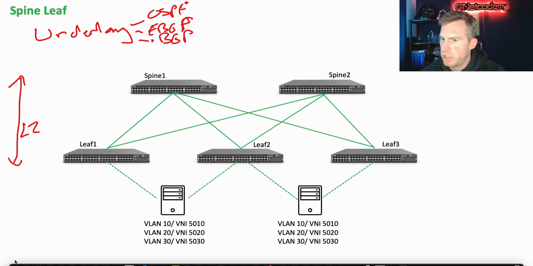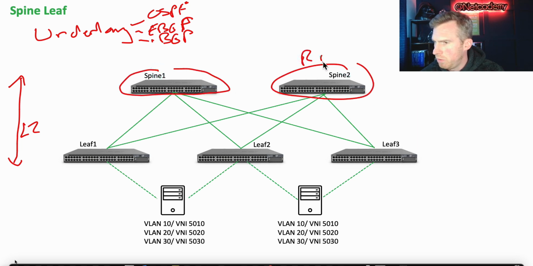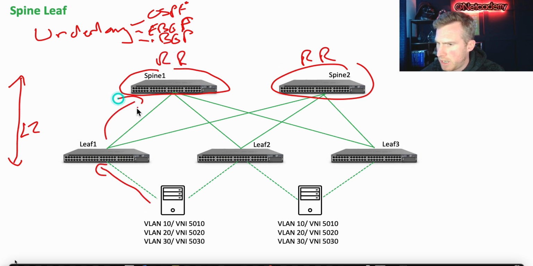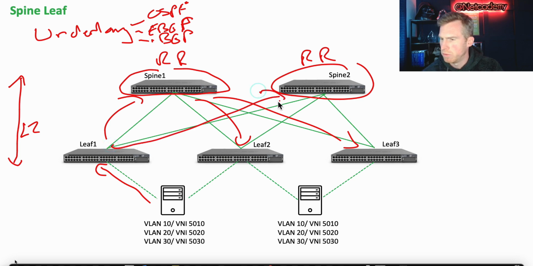Or what you could actually do is configure spine 1 and spine 2 to be route reflectors, where those routes which are coming in from the server to leaf 1 and are advertised up to the route reflector spine 1 are then automatically reflected down onto leaf 2 and leaf 3. And of course the update would go across to the route reflector here.